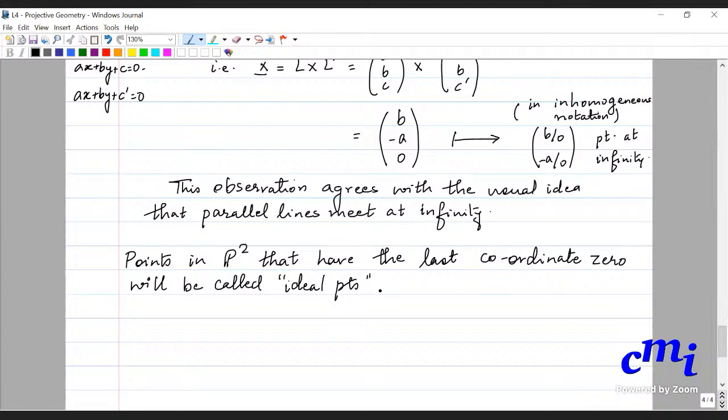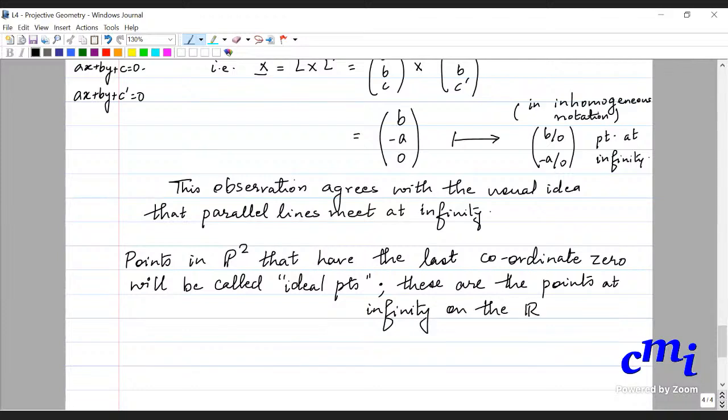Ideal points are the points at infinity on the R2 plane. Okay, so P2 is nothing but R2 together with these ideal points. That is what P2 is.